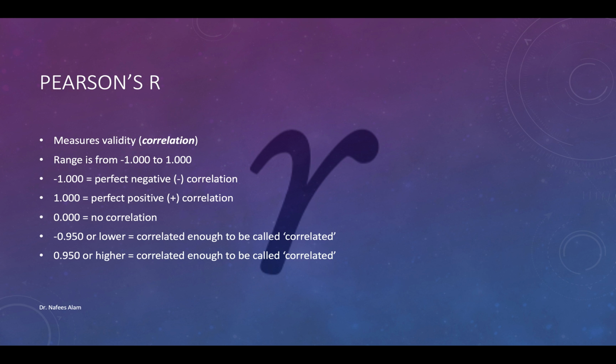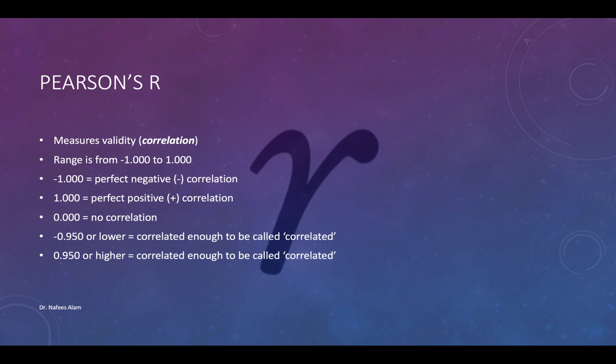So with the -0.95 correlation, even though it's not a perfect negative correlation, it is a negative correlation. And with 0.95 or higher, it's, again, not a perfect positive correlation, but it is correlated enough to be called a positive correlation. Now, Pearson's R is a little bit oversimplified.